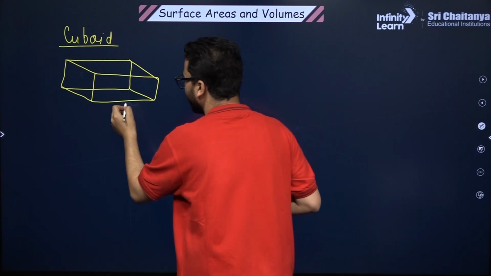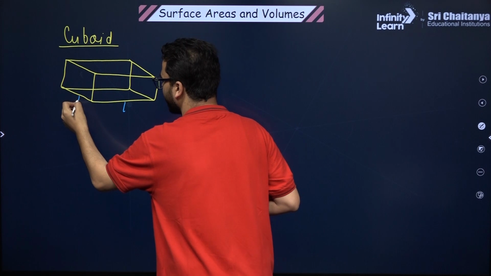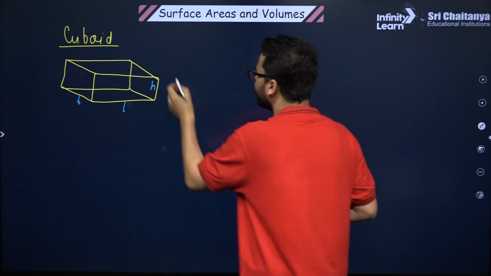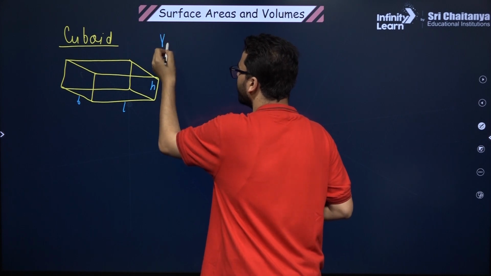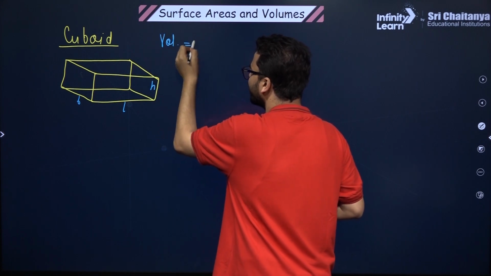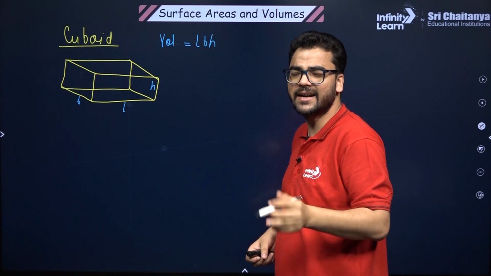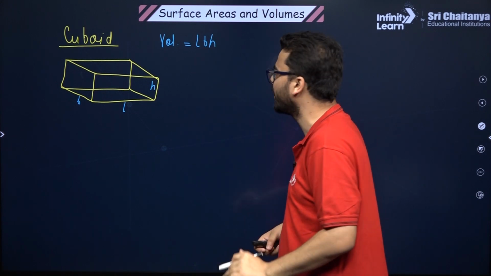Suppose this is its length, this is its breadth, and this is its height. Two-three things are there. The very first thing is, what is its volume? The volume of a cuboid is its length into breadth into height, obviously in cubic units, that is understandable. I'm not writing everything.